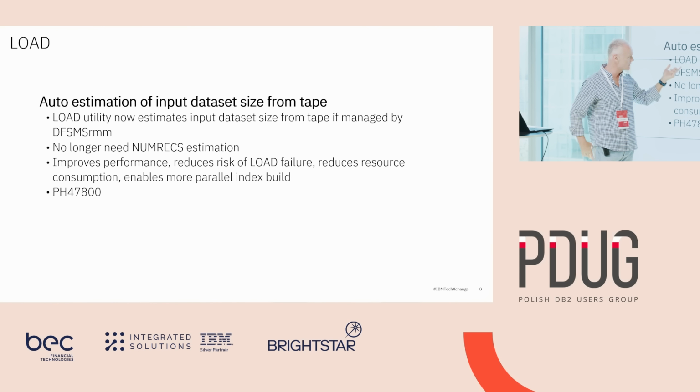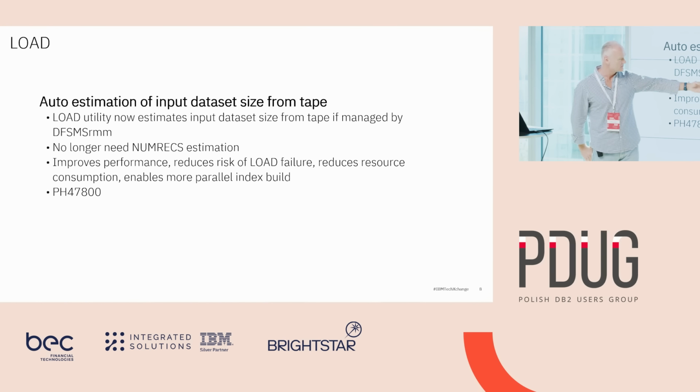So we worked with DFSMS RMM, which is IBM's tape management system, to use an interface where now we can figure out how big the input data set is on tape, so that now, because we know how big the input data set is on tape, we can accurately predict how much sort workspace we need to allocate dynamically for the load utility.